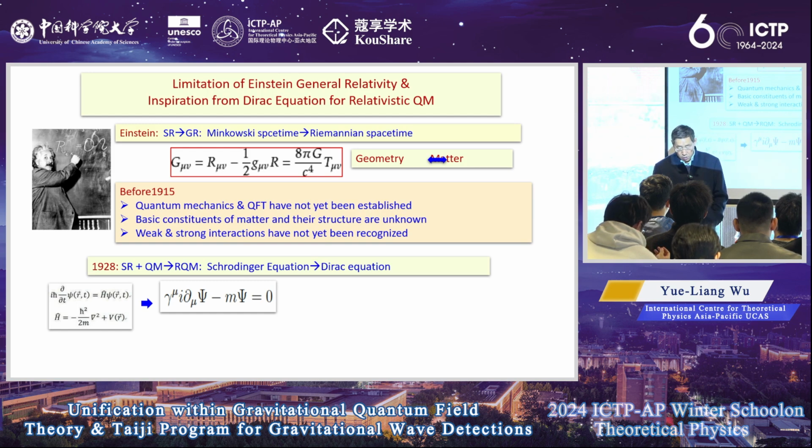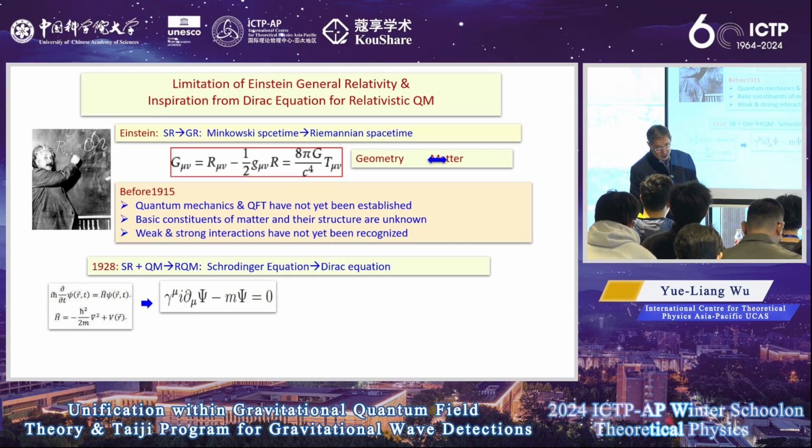And then one or two years after, Dirac combined special relativity with quantum mechanics to describe the electron. So we know there are the Dirac equations. That is called relativistic quantum mechanics.